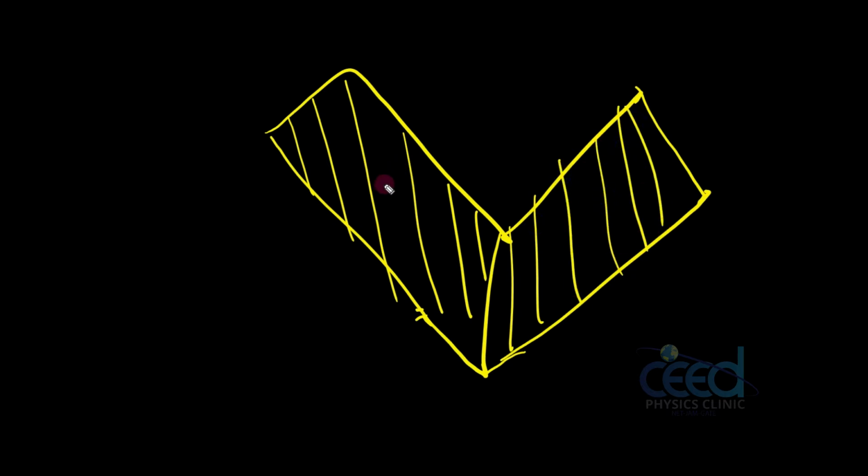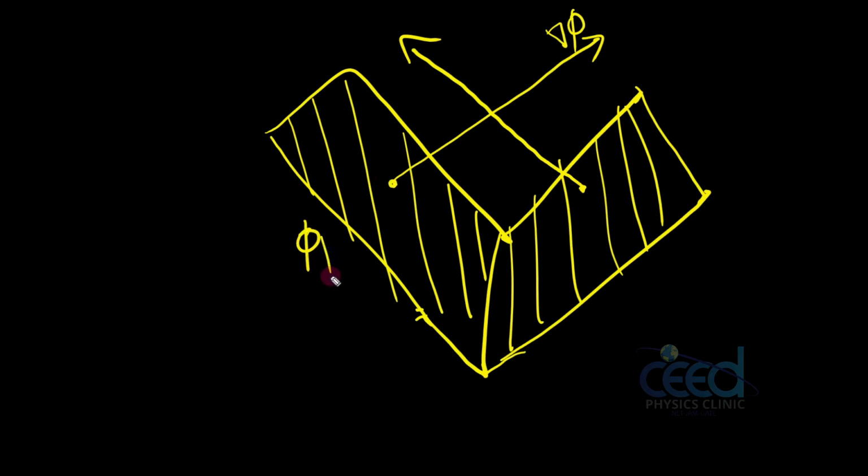If you draw a normal of this, it has the direction of del phi. If you cross this, it has the direction of normal like this. We already studied, the equation of this surface is phi 1, equation of this surface is phi 2.